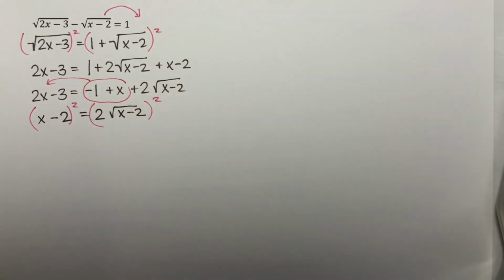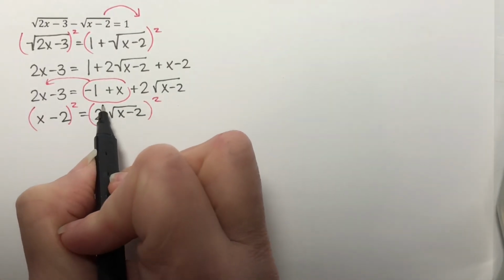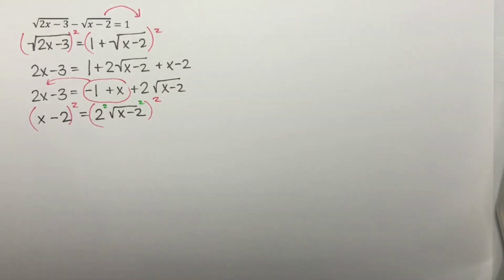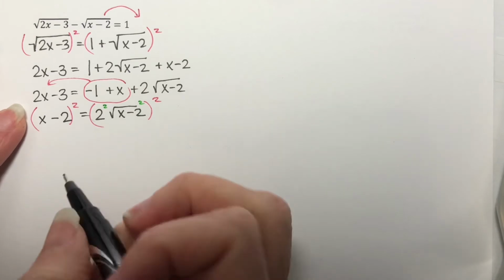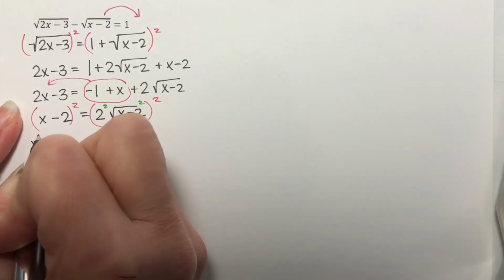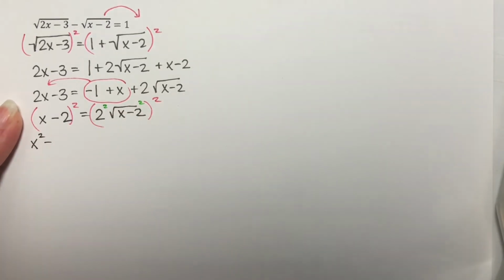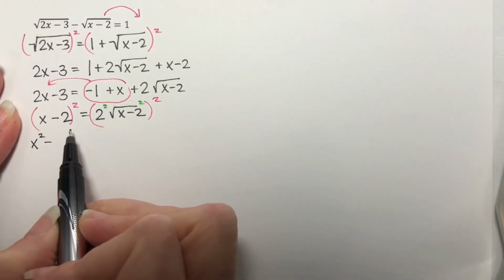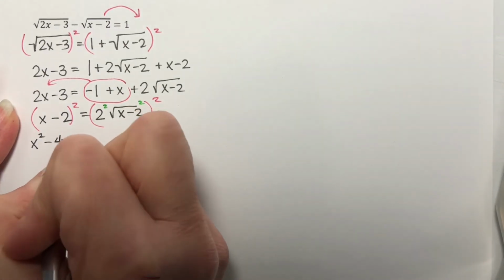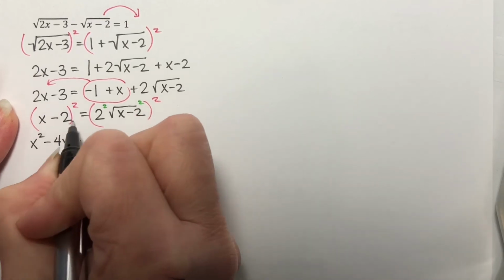When you do that here, though, you have to remember that you square the 2 and you square the square root. So over here, I have a binomial squared. Square your first term, x squared, write down the sign from the middle. Multiply them together to get 2x, and then double that to get 4x, plus 2 squared is 4.